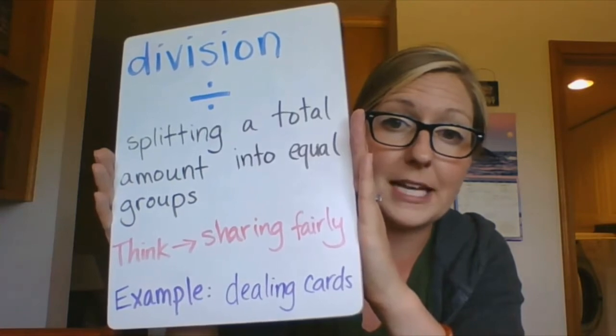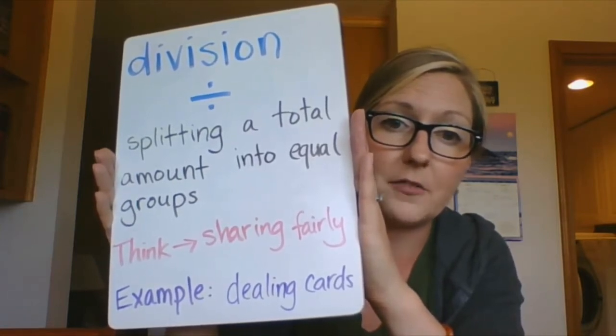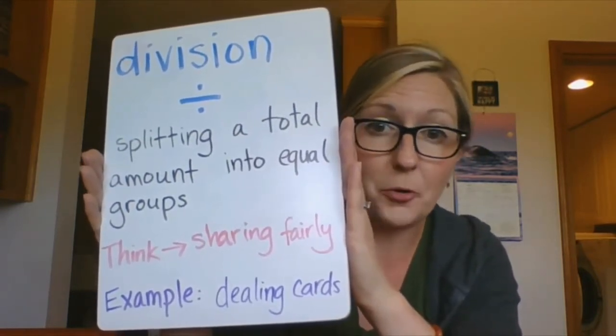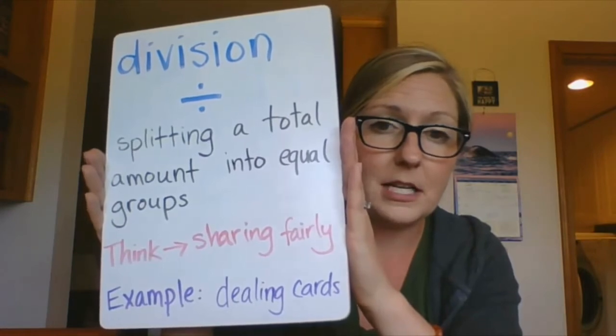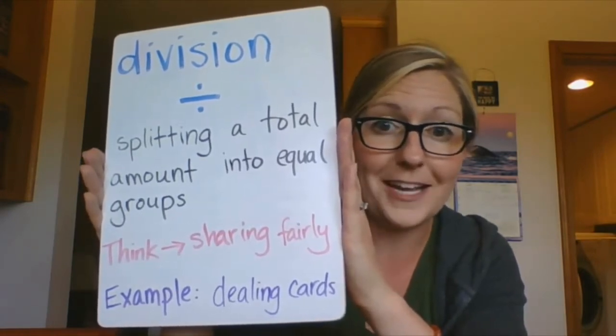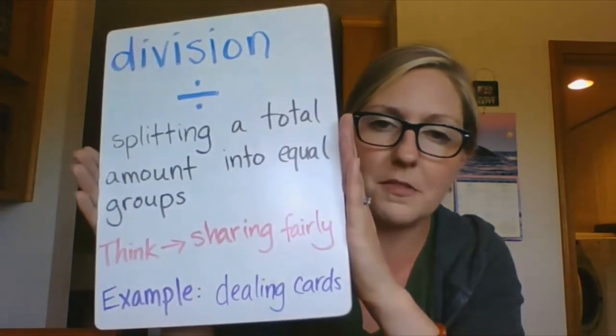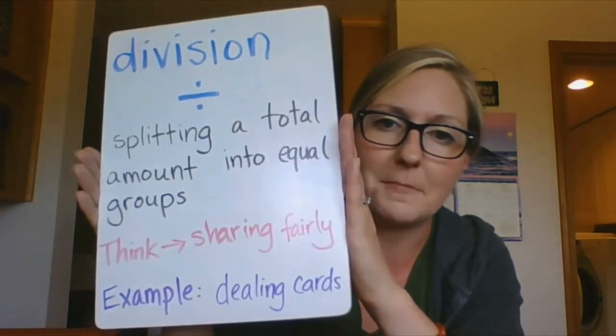So if you've ever played a game where you had a deck of cards and you're dealing them out to the players, that is division. You're dividing a whole deck of cards up into equal groups so that each player has the same number of cards. So that's one real life example we can think about when we're thinking about what it means to divide.